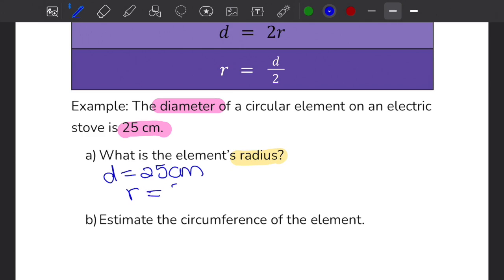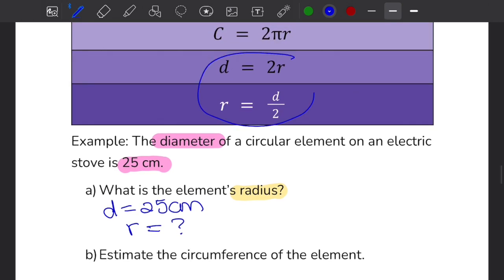So the radius equals question mark. We don't really need to work with circumference here at all. So the two formulas that I'm going to be looking at are these two. I'm going to use the second one because it tells me that you can take your diameter and divide it by 2 to get the radius. So radius equals diameter divided by 2.